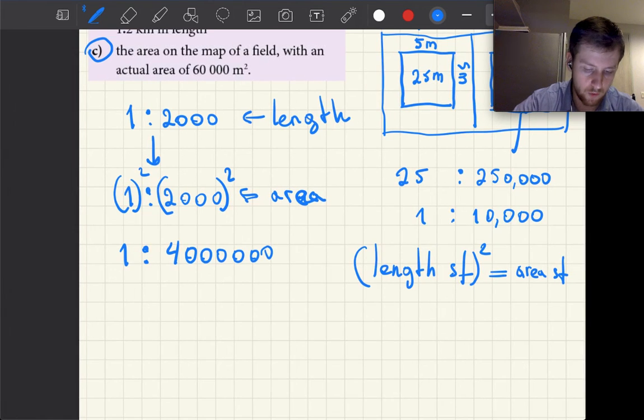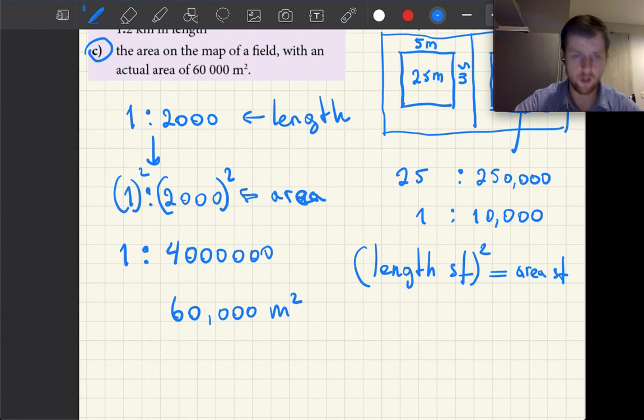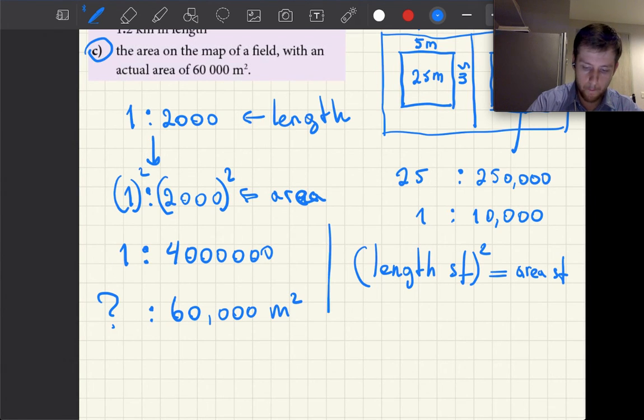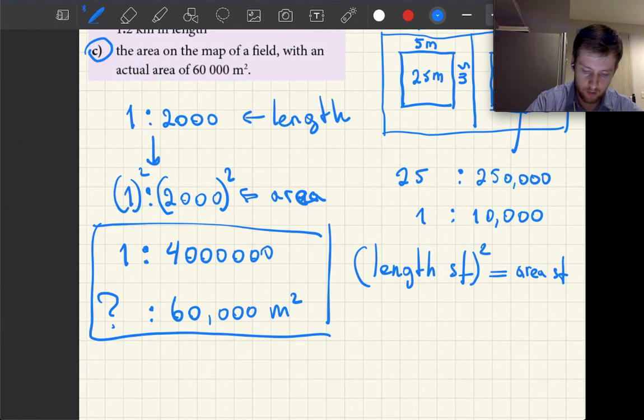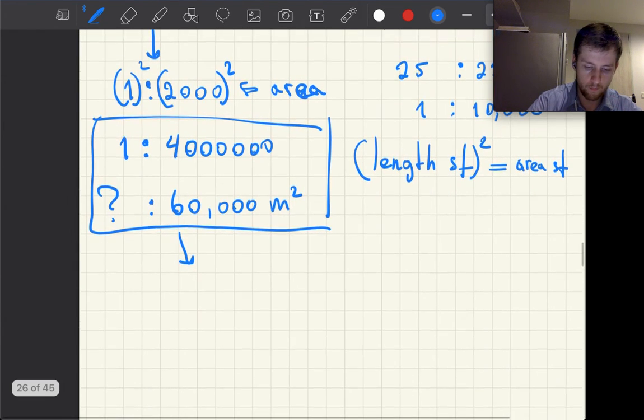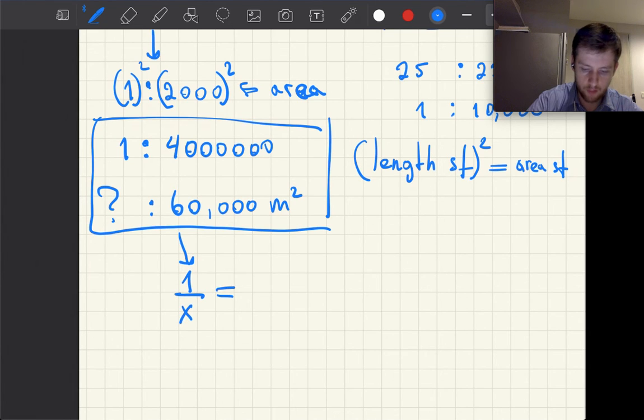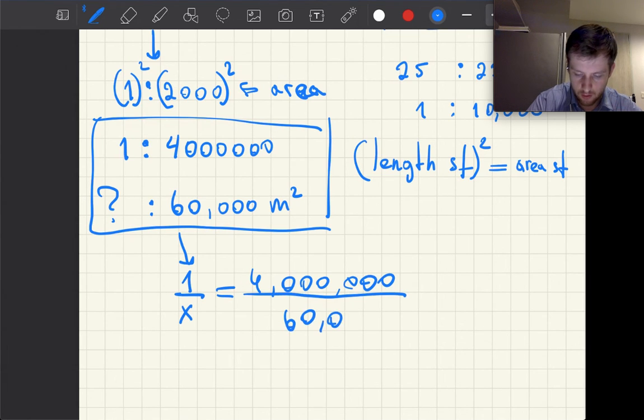And we have 60,000 meters squared as an actual area. The question is, what does it become on the map? Well, let's figure this out quickly. We can use the equation here. All right, so that's an important part. Let's translate this into a fraction. So 1 over x equals 4 million over 60,000.